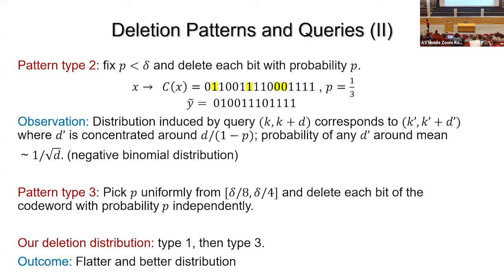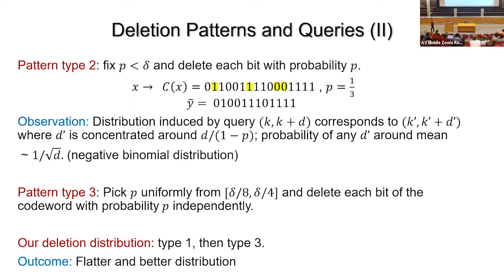So another type of deletion pattern one might think about would be to just pick a deletion probability p and drop each entry of the code word with probability p. So one can observe that d prime is concentrated around d times 1 minus p.